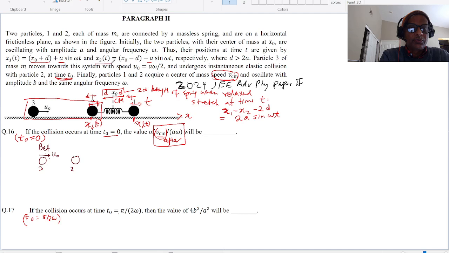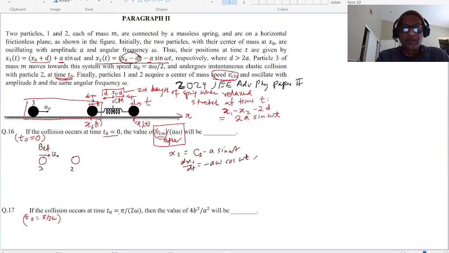I have to look at x2, and x2 is some constant, call it c2, minus a sine omega t. Then dx2 over dt gives the velocity, minus a omega cosine omega t, and at t equal to 0 this is minus a omega. So it's pointed in that direction with magnitude a omega.